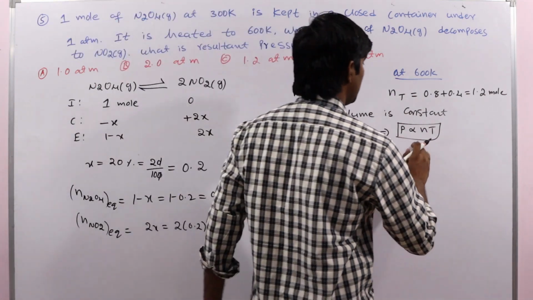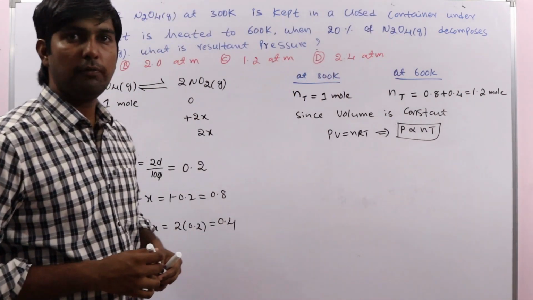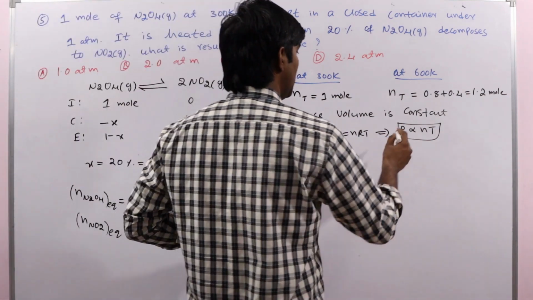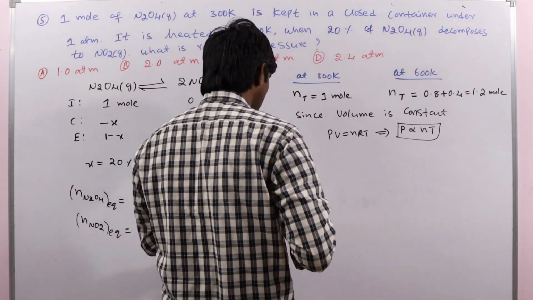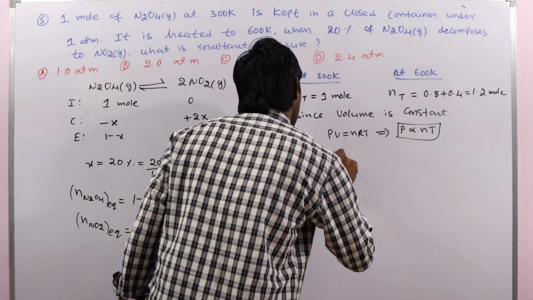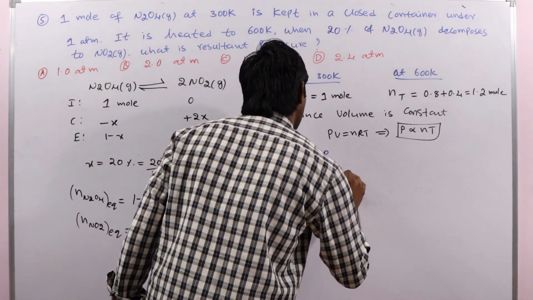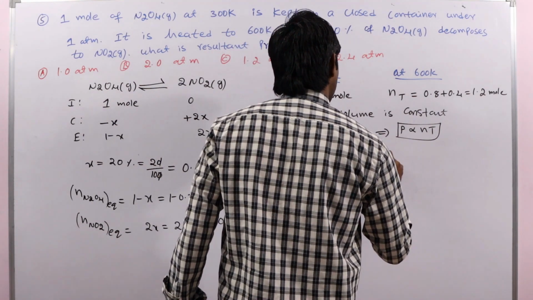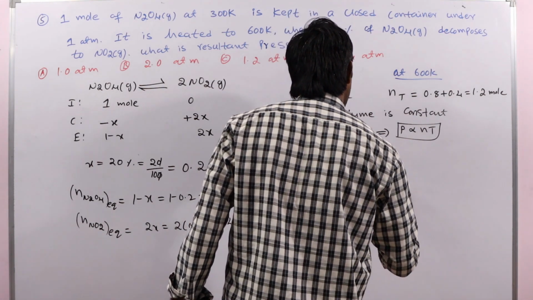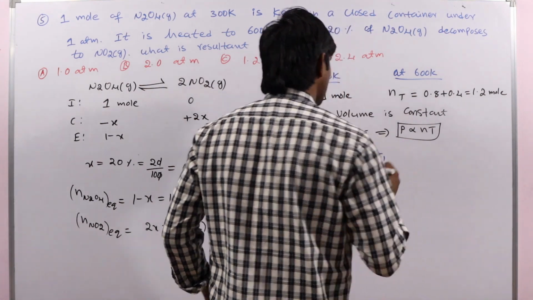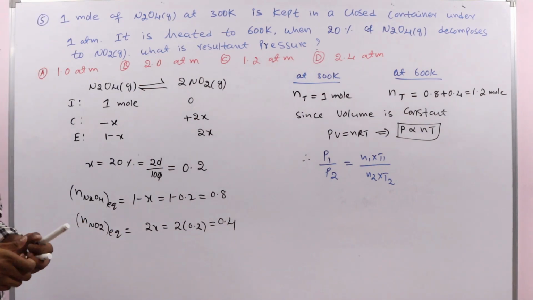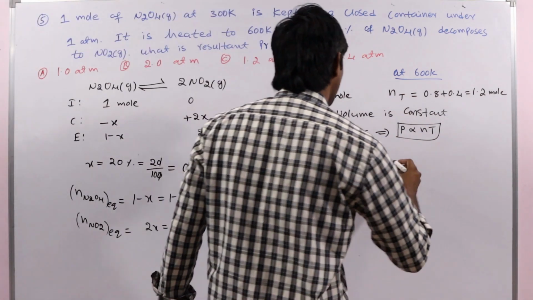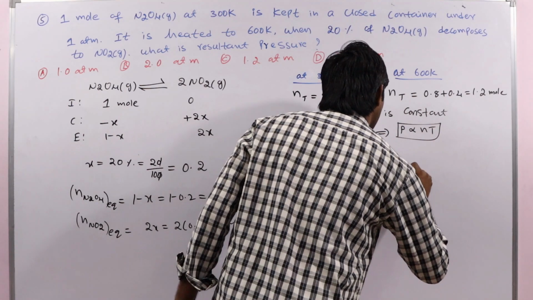So P is directly proportional to number of moles into temperature. Therefore P1 by P2 is equal to N1 T1 by N2 T2.